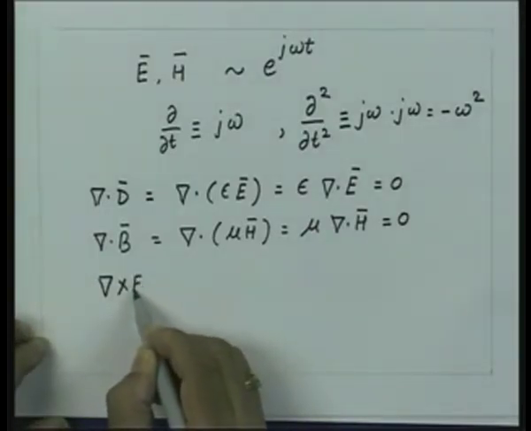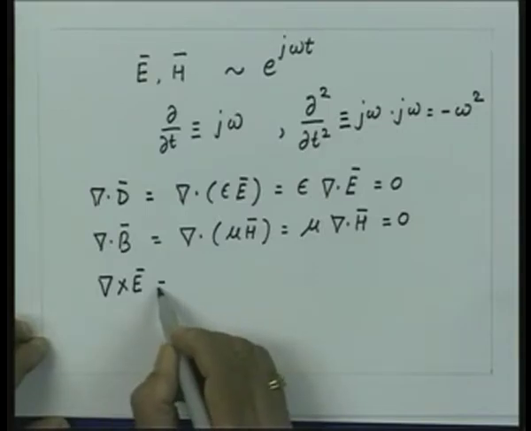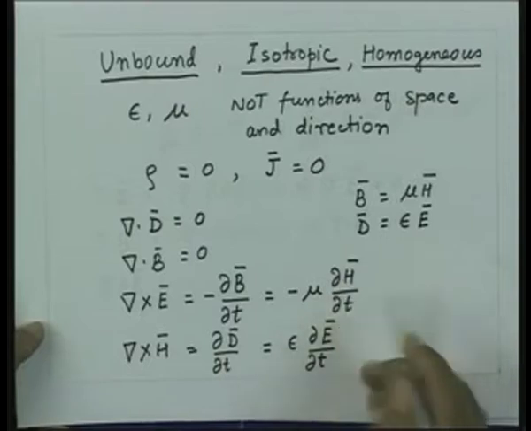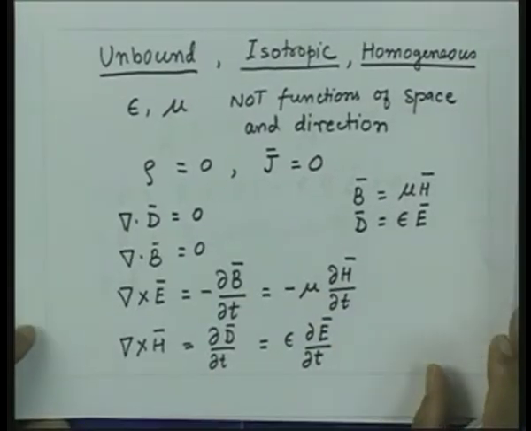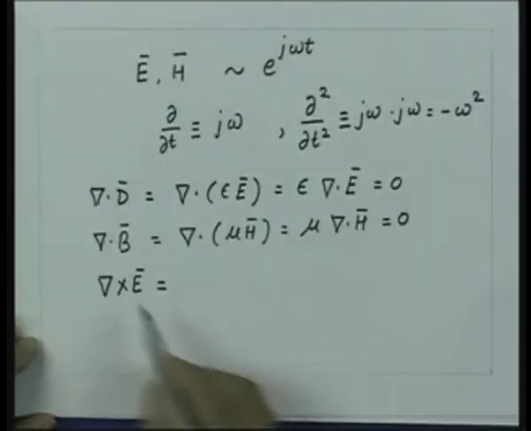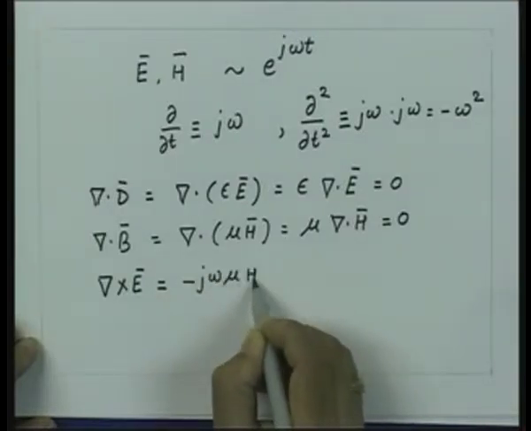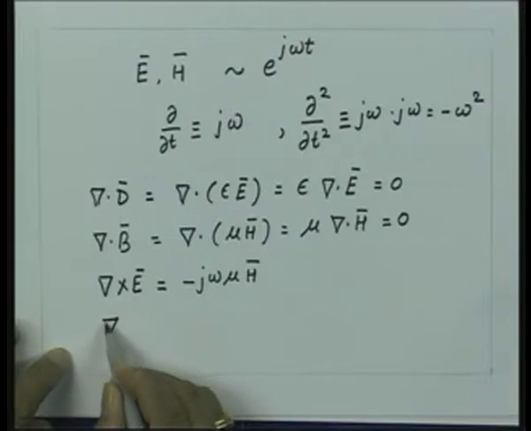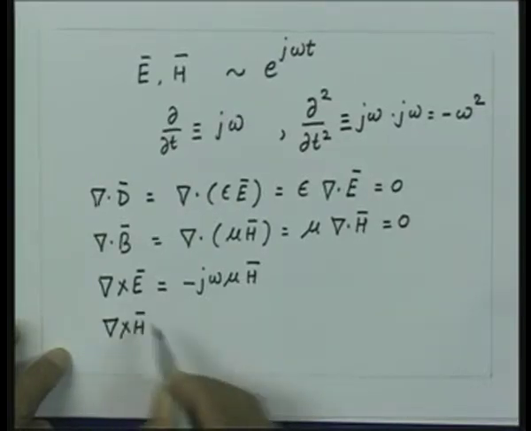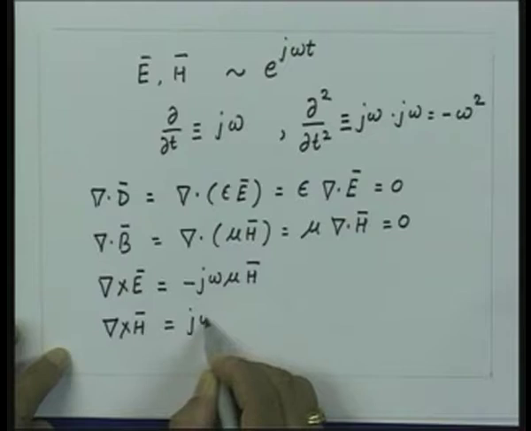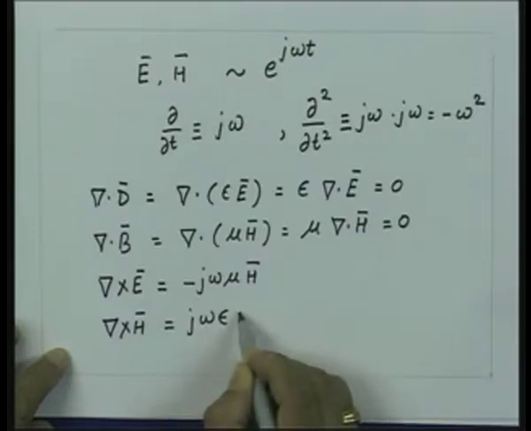Del cross E now is, from here, if I substitute for the time derivative that is equivalent to multiplying by j omega, minus j omega mu into H, and del cross H is equal to j omega epsilon into E.